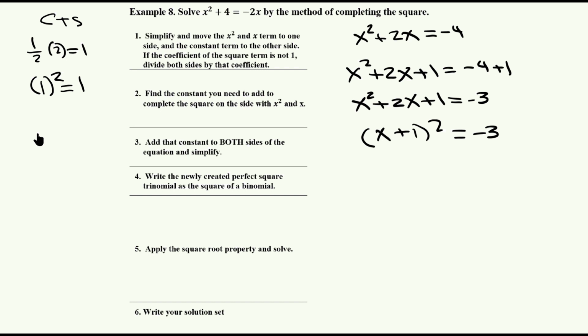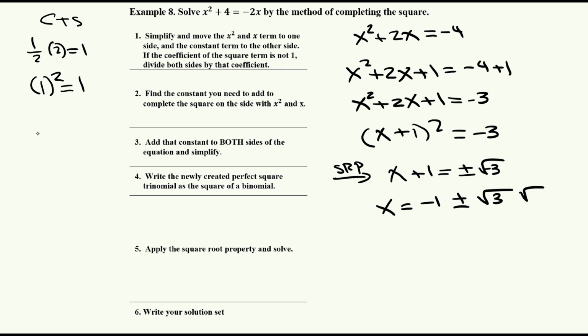And now we're going to go ahead and apply the square root property, which gives us x plus 1 equals plus or minus square root of -3. So we get x equals -1 plus or minus, and we'll go ahead and break that up into square root of 3 times square root of -1.